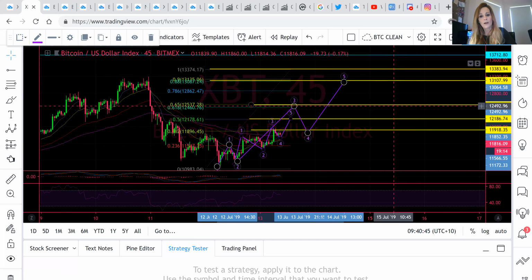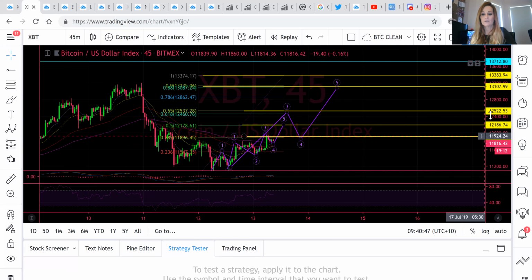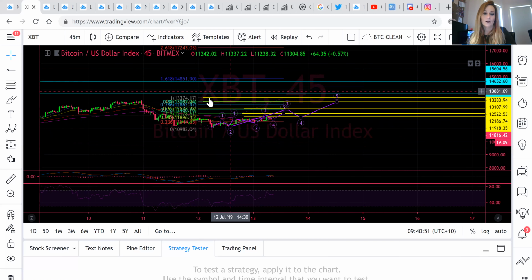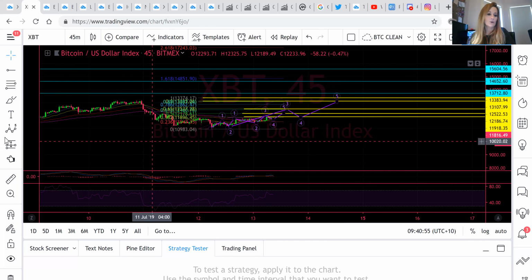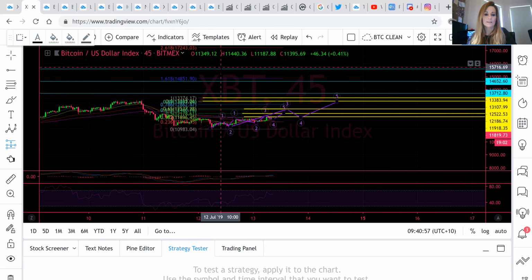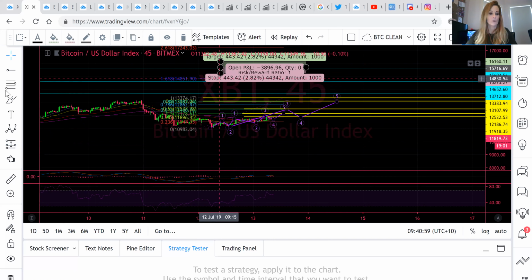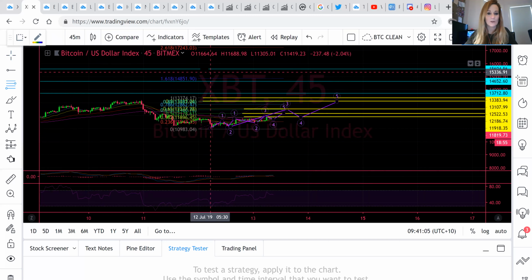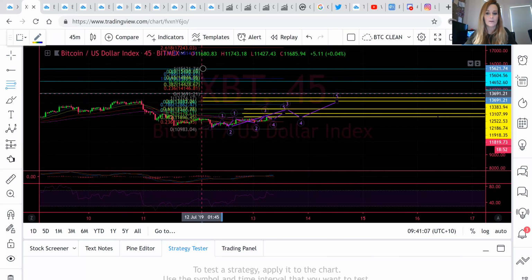We also had some questions as to if we went above the 1, how do we get the targets for the extended waves? The extended waves will always be a fib within a fib.